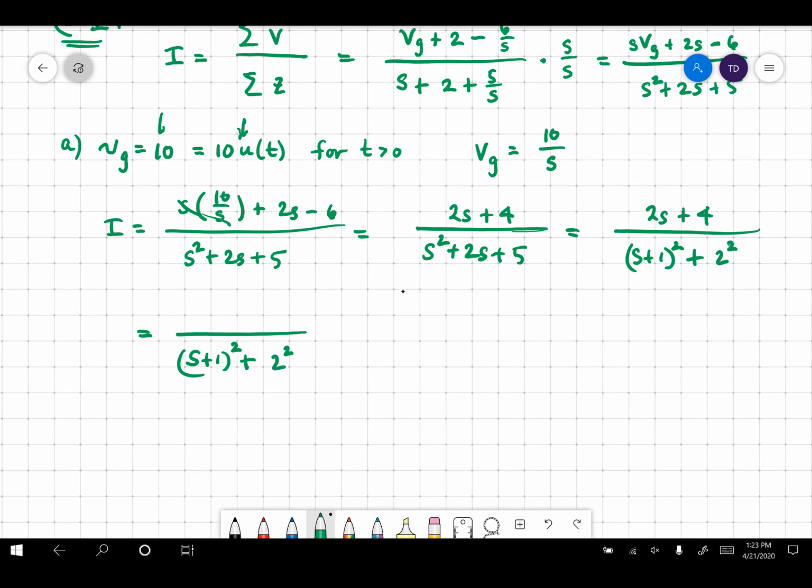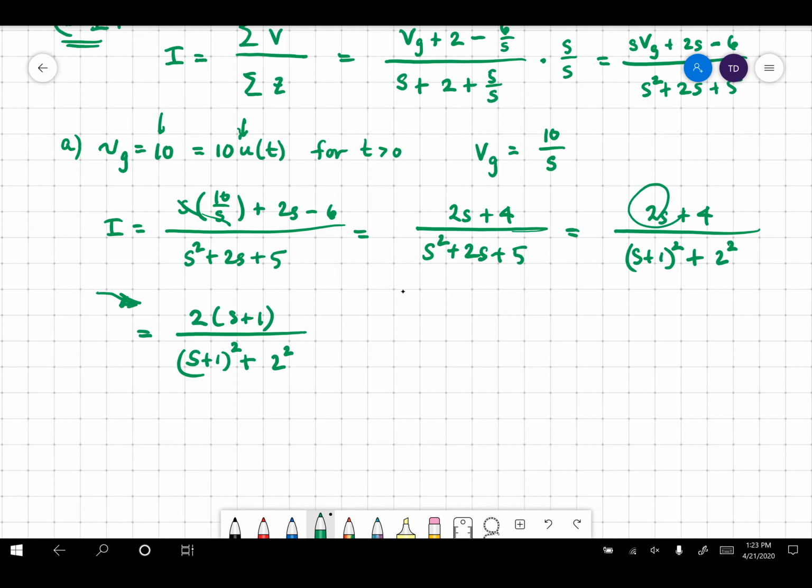The first thing I need is an S plus 1. But how many S's do I have up here? How many S's are there? 2. Good. How many S's are in the numerator here? There's only one there. I need 2 of them.